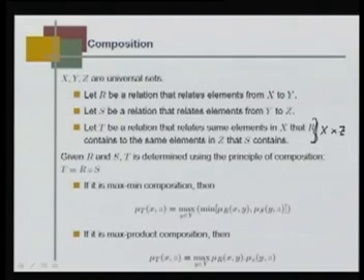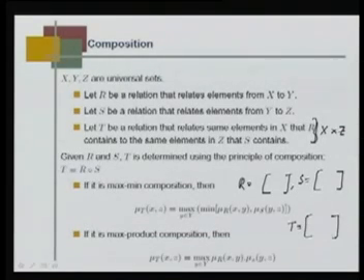In max-min composition, the associated membership function mu T is computed as a maximum of minimum of mu R(x, y) and mu S(y, z). I give you a simple example: this is my R and this is my S, and then I have to find out what is T.